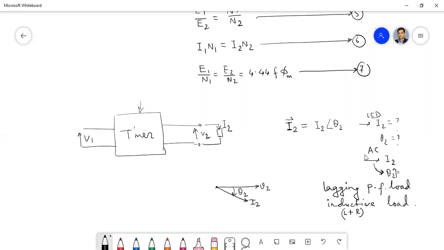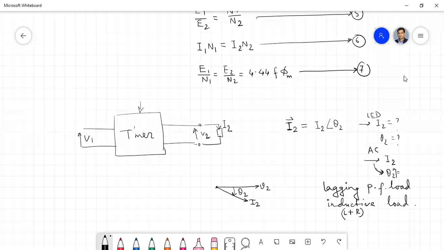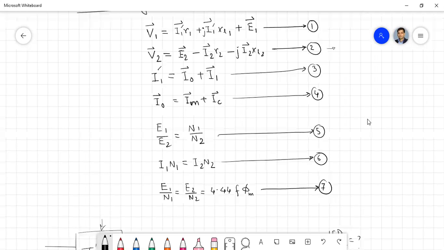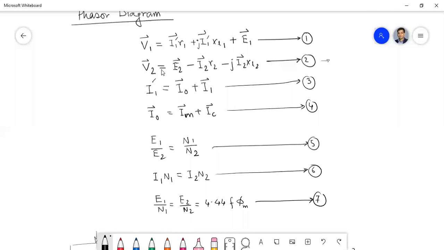Now what you have to do is complete the phasor diagram for all the voltage components. What are the components we have? We have V2, I2R2, I2XL2 and E2.